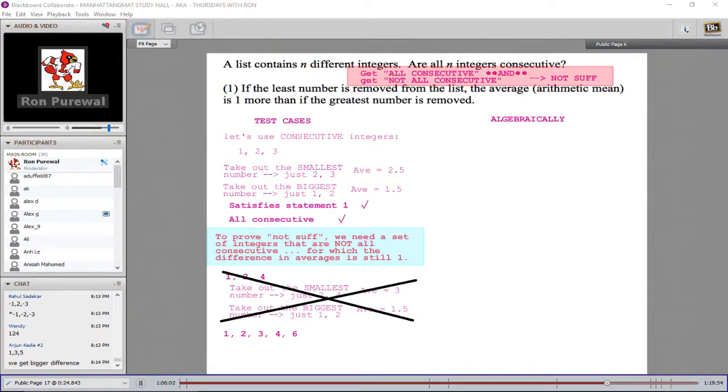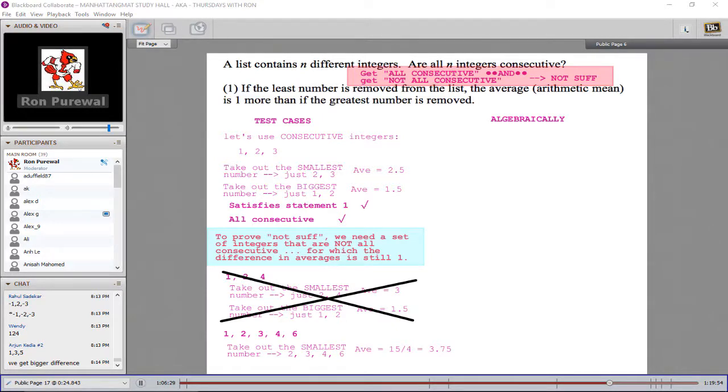if you take out the smallest number, then you have a list with 2, 3, 4, and 6. The average of those is 15 over 4, so that's 3 3/4.